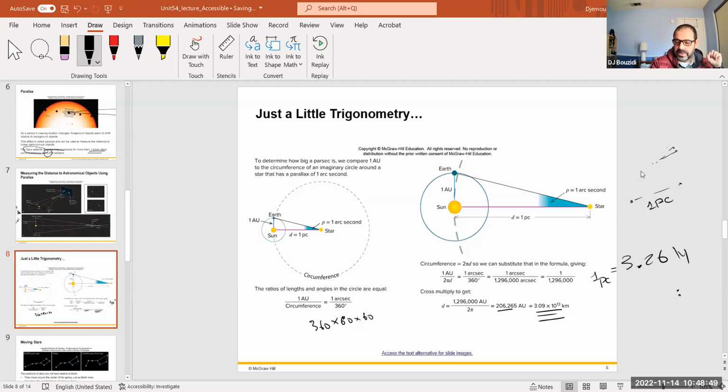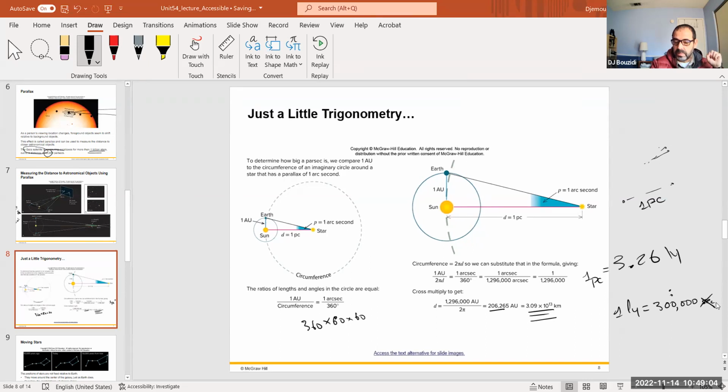That's basically what also is a parsec. Because once you find it in kilometers, you find how much is 1 light year. 1 light year is the distance traveled by light in 1 year. The light travels 300,000 kilometers per second. We don't want it per second. We want it per year. So how many seconds in a minute is 60.